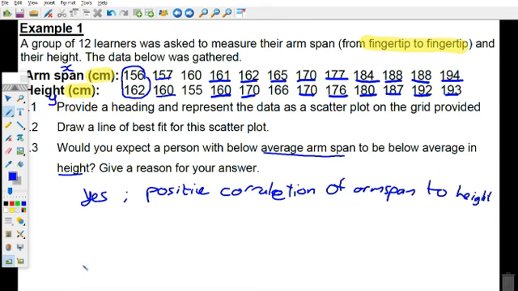So there's a positive correlation of the arm span to the height. So again, if they have a below average arm span, they have a below average height. Okay. You guys understand? Any questions?